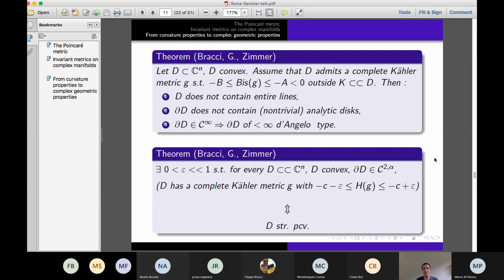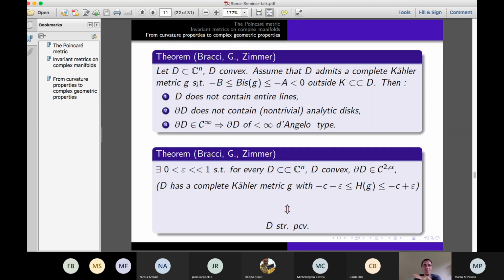You may find it surprising that we need C2 alpha, but it's wrong in the case of C2. And with C2 alpha, even the geometric situation is different in that case. But I won't say more on that.